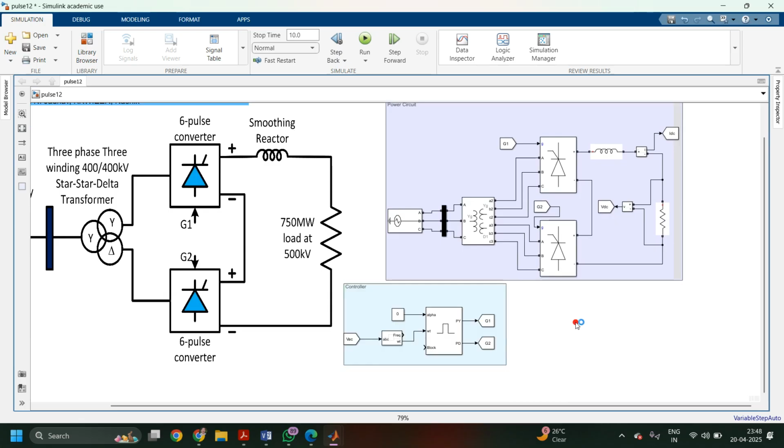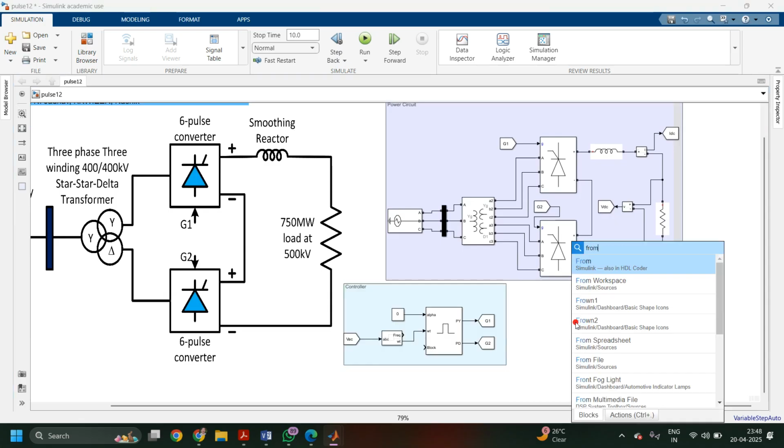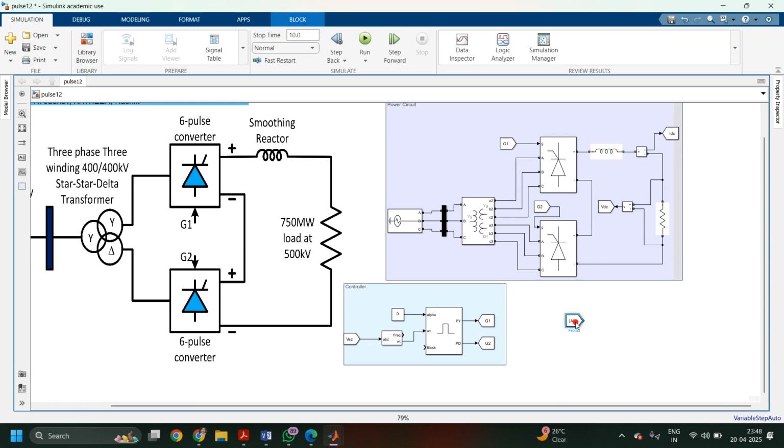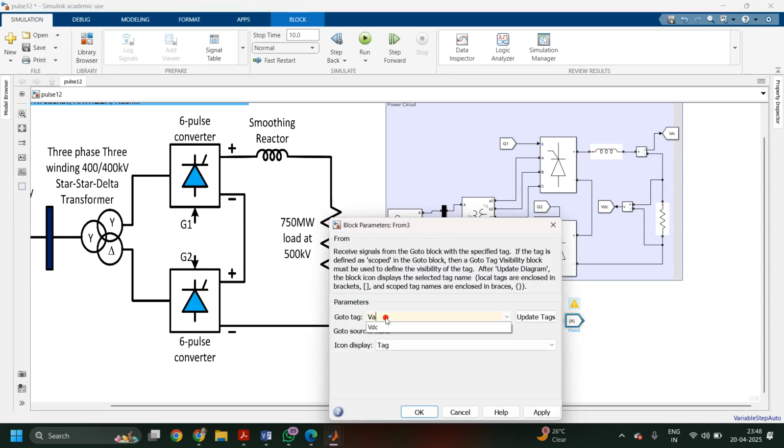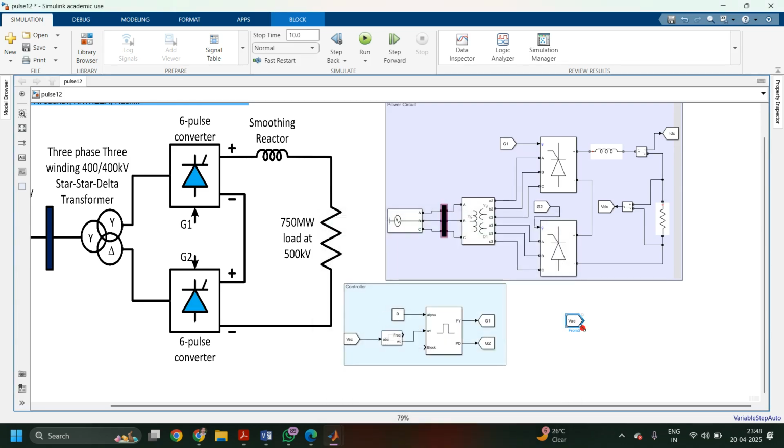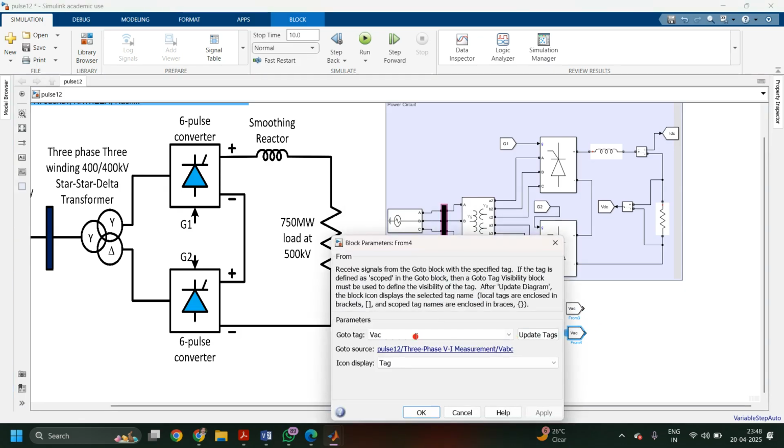Now we have to add the measurement. Take the From block. Here we need the AC voltage, so VAC. Now we need a similar block for VDC.